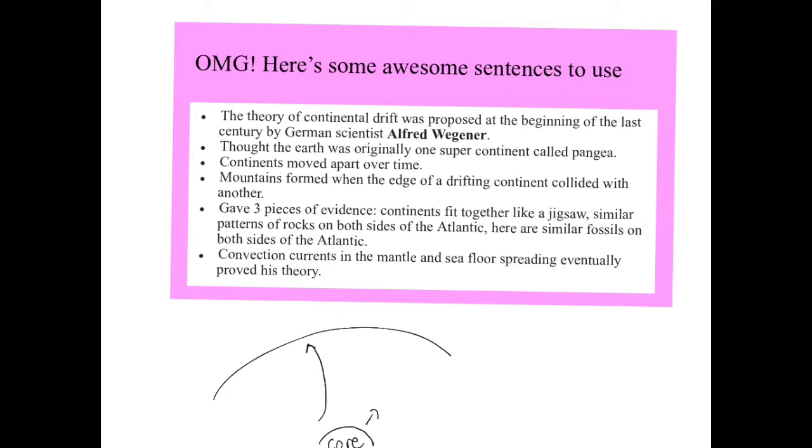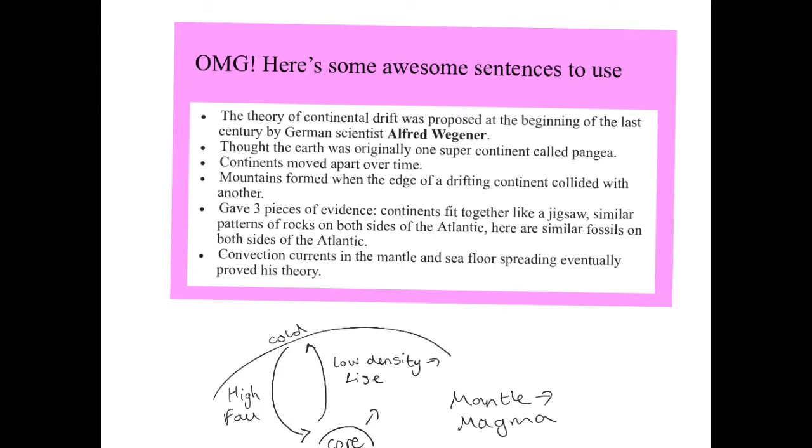Okay, when they hit the top of the surface, it's quite cold up here on the crust, and then the particles cool down and they fall because they're more dense. So you've got low density, rise, and then you've got high density, fall. Okay, this is all happening in the mantle. It's the magma in the mantle, and that's because the core gives off heat.